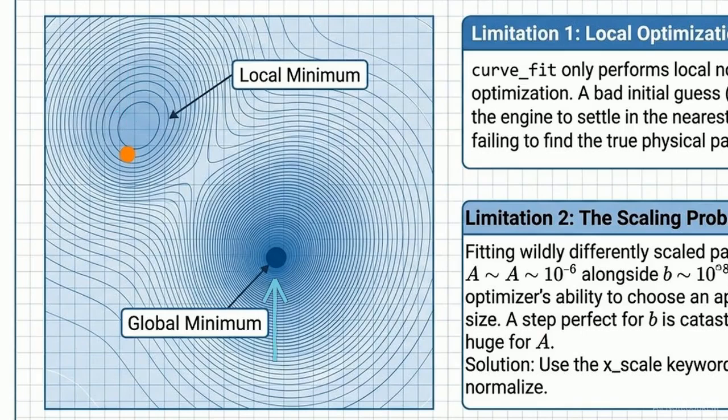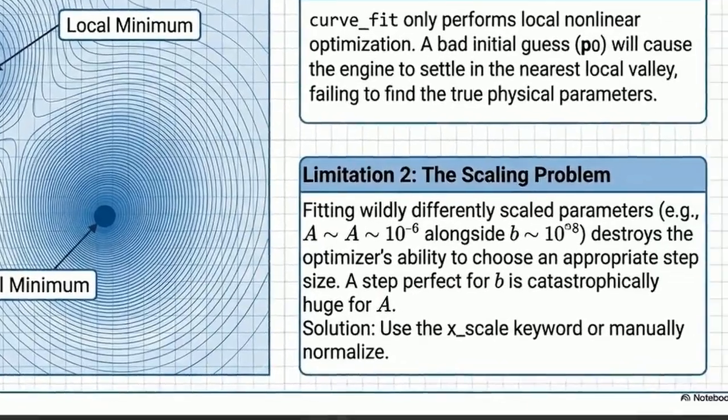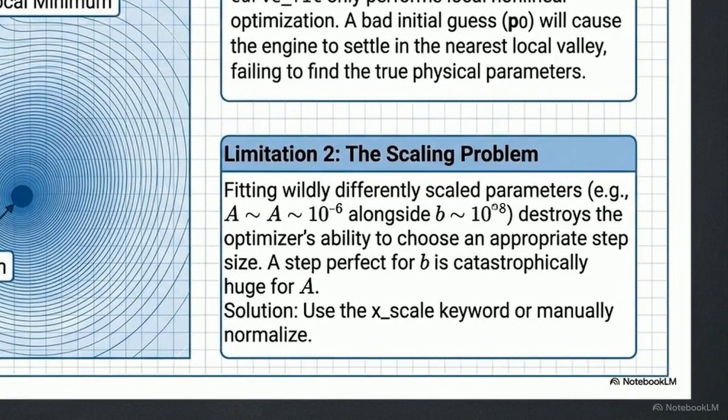The second major limitation is parameter scaling. The text box on the right explains that attempting to fit parameters separated by multiple orders of magnitude destroys the engine's ability to select a functional step size. A step that is perfect for a parameter scaled to 10^8 is catastrophically huge for a parameter scaled to 10^-6.